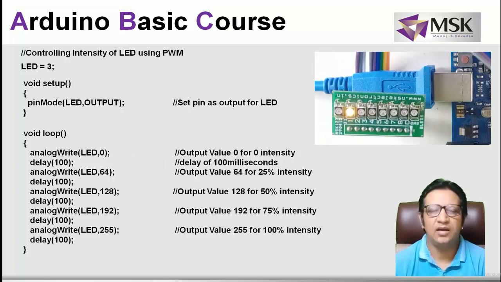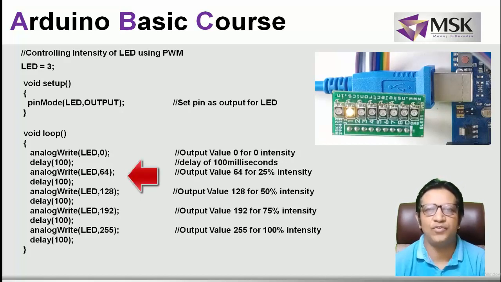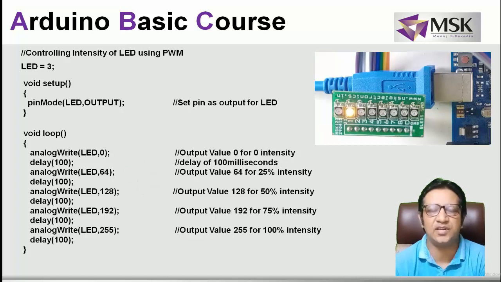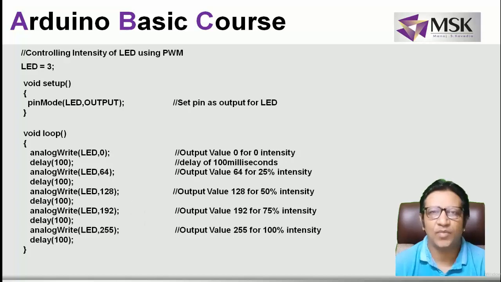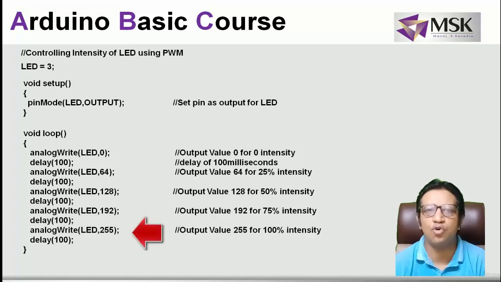After a delay of 100 milliseconds, I am passing the value 64, which will increase the intensity to 25%. Next I am passing the value 128, which will increase the intensity to 50%, and then I am passing the value 192, which will further increase the intensity by the next 25%, making it 75%, and finally 255 will give me the total full brightness of the LED.